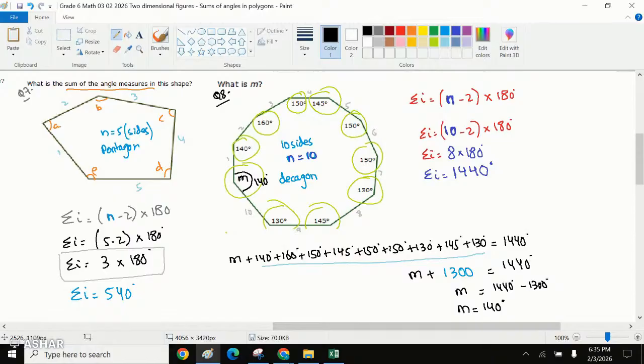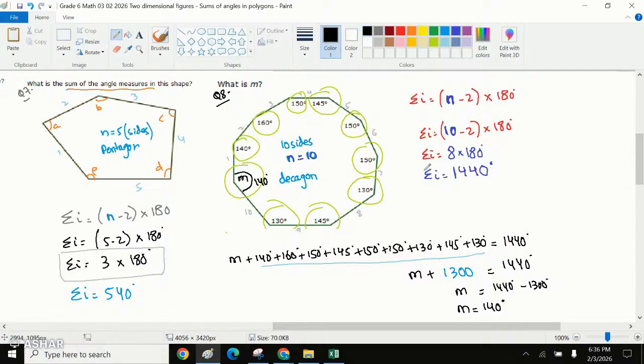Yes, okay, it is an obtuse angle. Please, do we agree? Thank you, Ashik. Princely, do we agree on this? What we did was we found the sum of interior angles.